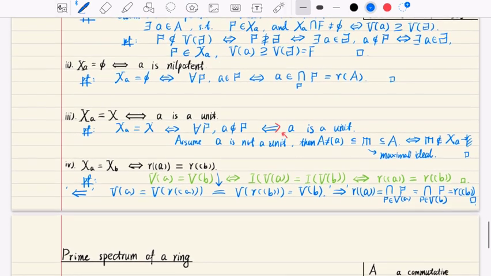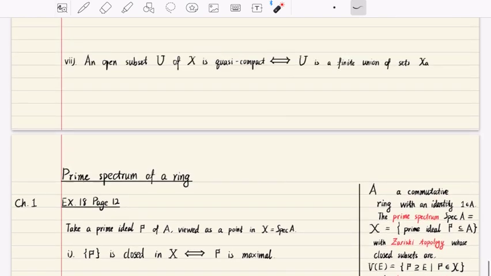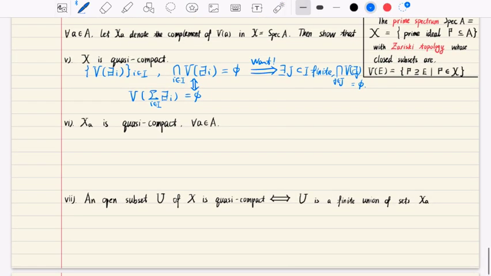By this question, A is a unit if and only if its corresponding basic open set is X. So this happens if and only if the identity element belongs to the summation ideal.